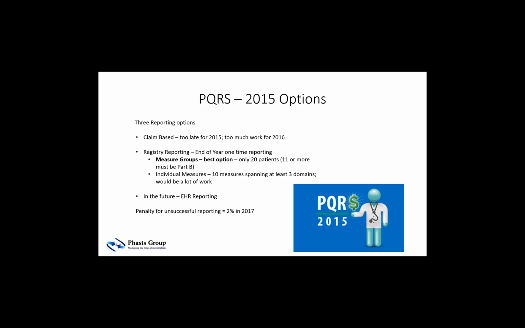A measure group gets very, very deep into one specific topic, say preventive care, or maybe managing diabetes. When you select a measure group, you only need to report on 20 total cases, 11 of which have to be Part B. There's a third option, which is called the EHR reporting, and that is coming. That's what the CQM reports are enabling you to do. But for now, we recommend the measure group reporting, and it just is your best option all around.